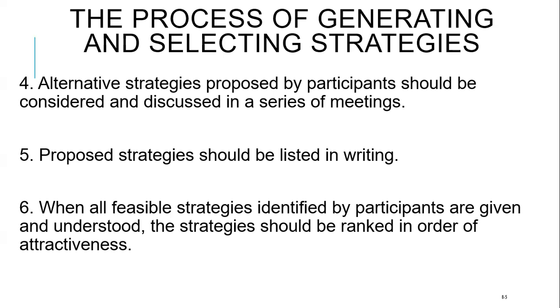Now, some of the benefits associated with the fifth stage, which borders on writing all the proposed strategies, is that it brings clarity and documentation of the proposed strategy. So by writing the proposed strategies down, it ensures that there's clarity and a formal record of all the strategic choices that were brought on the table.